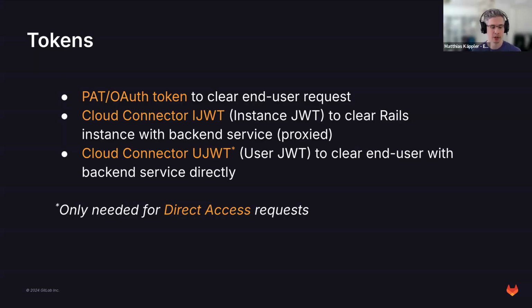This is our primary token that we use to authenticate calls, and that carries all the entitlements. For some paths, we also have user-specific JWTs, which allow end users to bypass a Rails instance and go to a Cloud Connector service directly with this kind of token. They're short-lived tokens with narrower scopes.